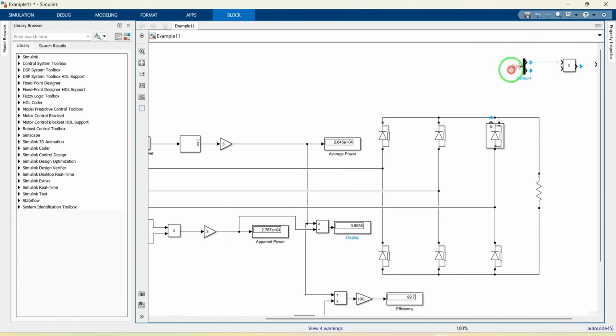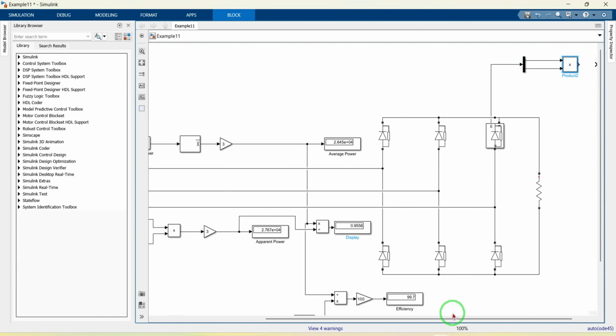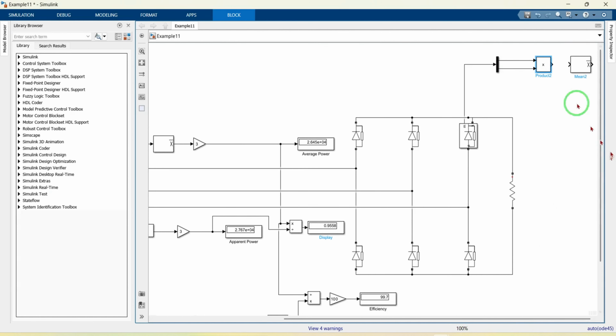Connect the input of the demux to the measurement port of the diode block. This provides the current and voltage of the diode separately. Multiply them both to obtain the instantaneous power. Then connect the mean block to get the average power dissipated in the diode.